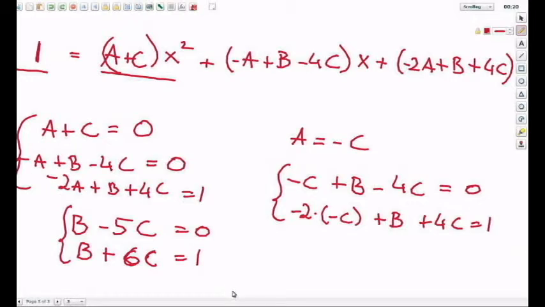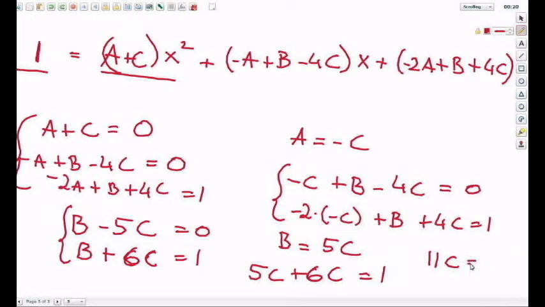Okay, so it looks to me that maybe the easiest thing will be to actually use a substitution method. So I'm going to solve for b in the first equation. Turns out b should equal 5c. Now I'm going to plug this into the second equation. So b, which is 5c, plus the 6c should add up to 1. So 11c equals 1.